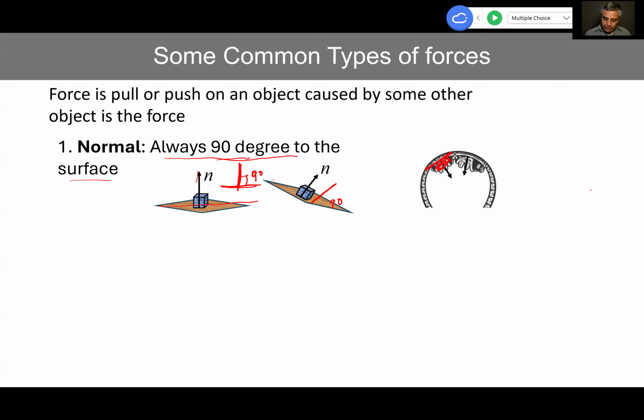The surface is supporting the object, so that's why normal is on this side, not on this side. If the cart was above the surface somewhere there, then this would be the correct way to draw it. But here, the cart is below this thingy, right? So the surface is pointing down here. So we need to be a bit careful.